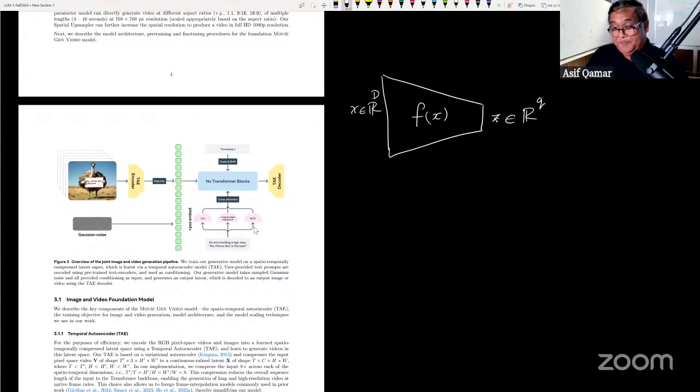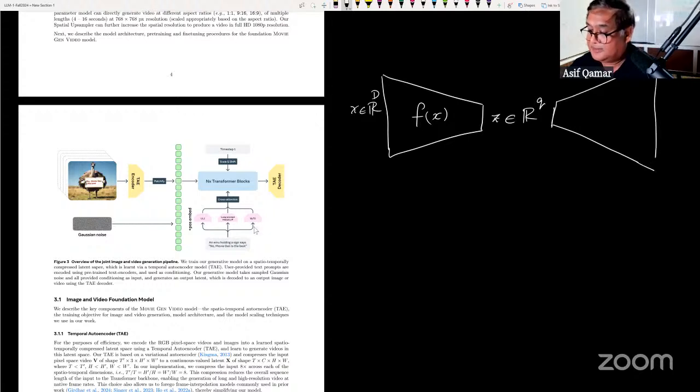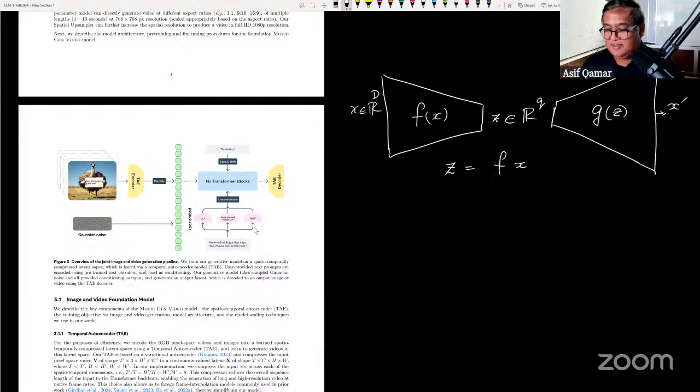Now the thing is, how do you train it to learn such a good representation? What you do is something quite interesting. You take a counterpart, call it G of Z. And this will produce some output, which deliberately we'll call X prime. So you realize that this network is called the encoder network.